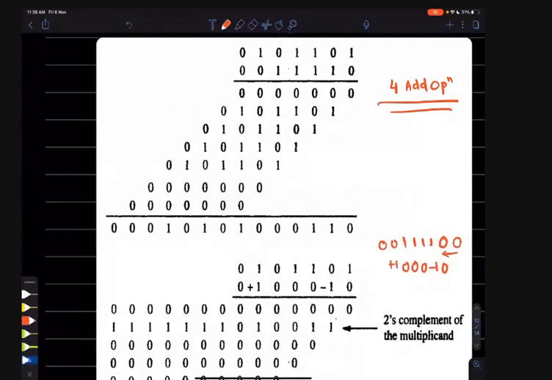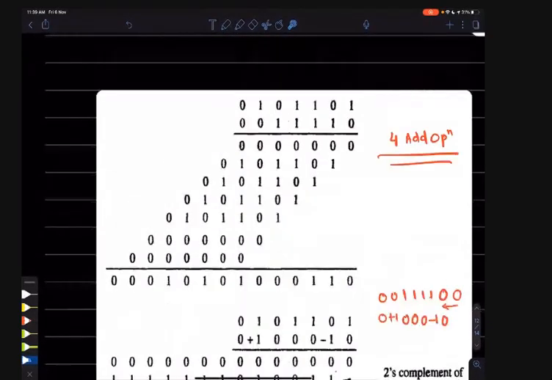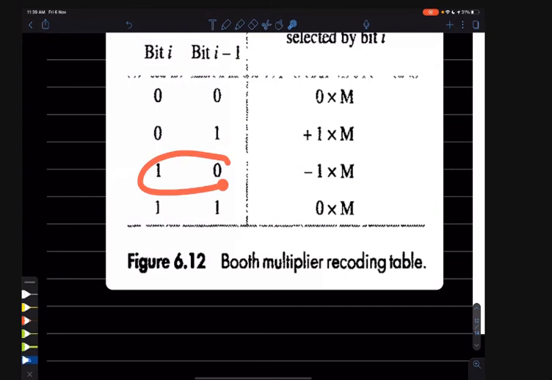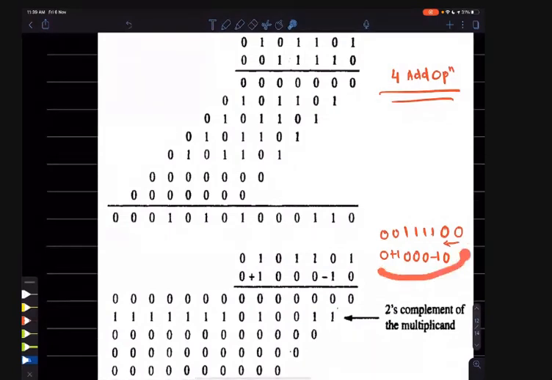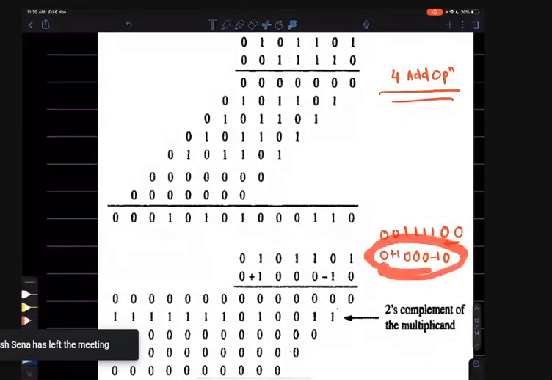Then 0, 0 is 0. Have you understood how I have done it? This 0 I have added extra. 0, 0 is 0, 0, 1 is minus 1. So it's done. Copy this code to the multiplier side.